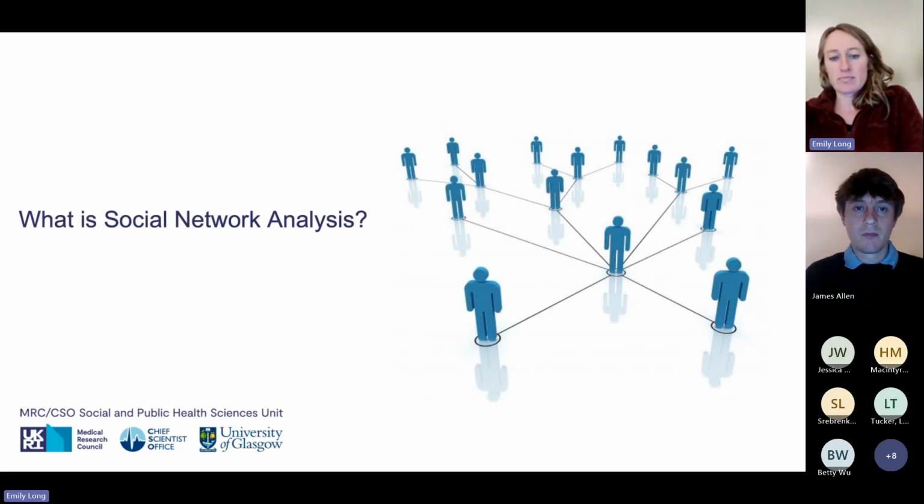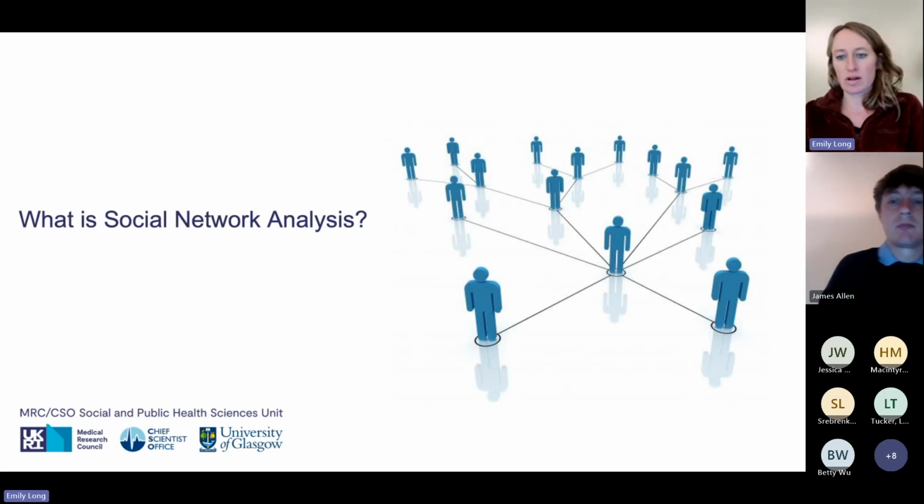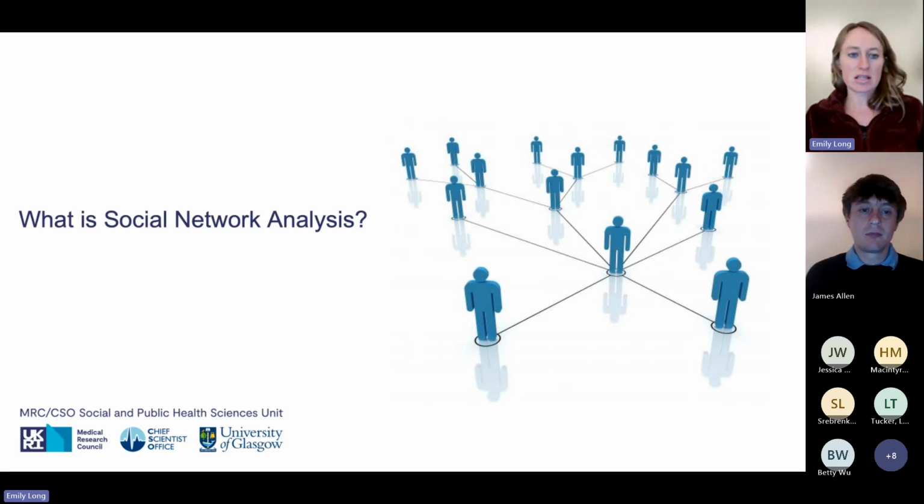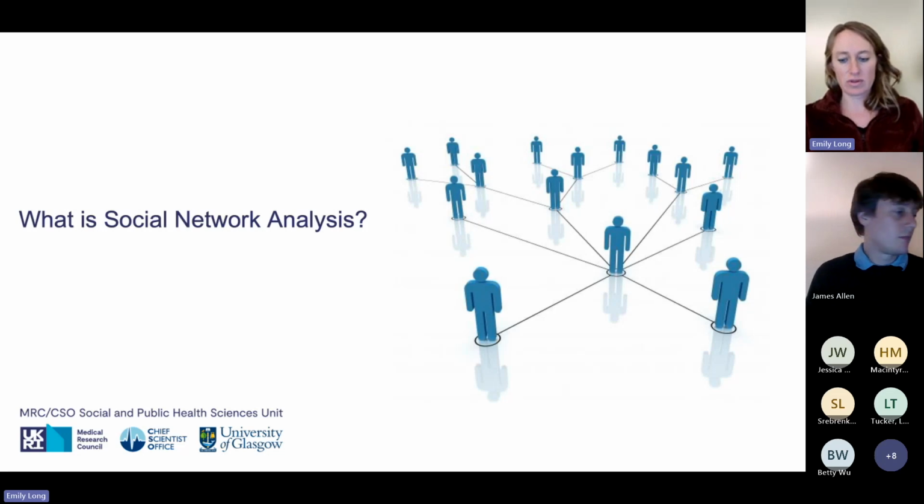My research tends to focus on friendship networks amongst young people. But as I'll show over the next couple of slides, there are all sorts of different ways that we can look at networks. Basically, it's a social ecosystem where different entities are all connected via some sort of relationship.